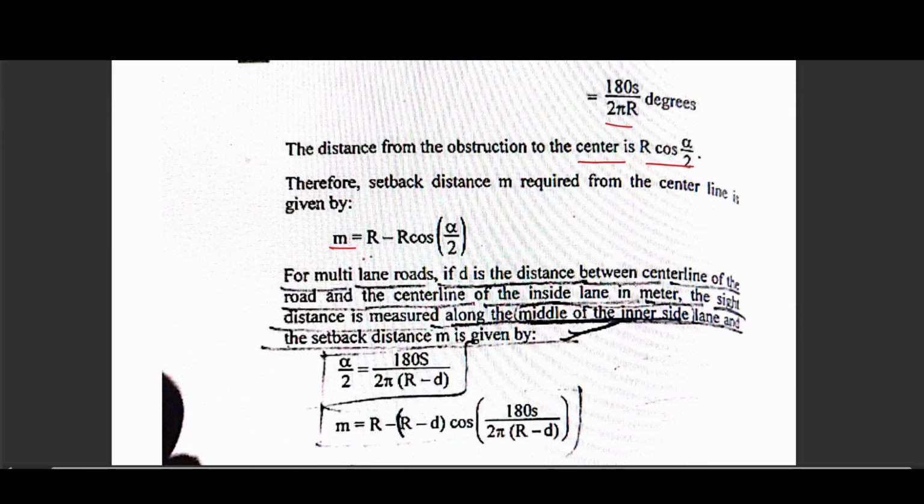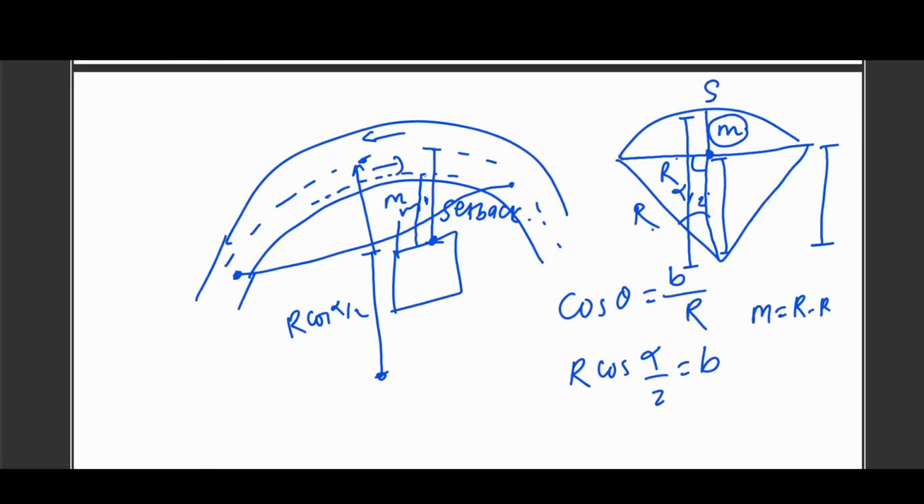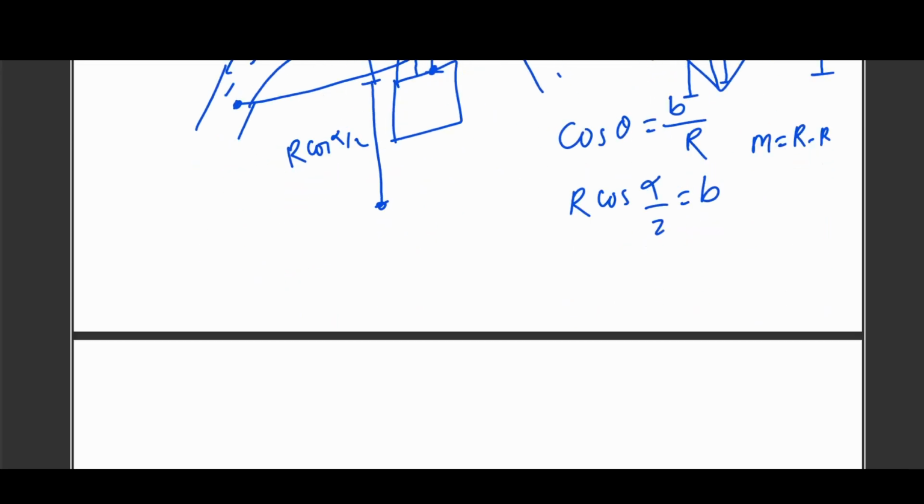For a multi-lane road, if d is the distance between the center line of the road and the center line of the inside lane in meters, the sight distance is measured along the middle of the inner lane. I just explained it earlier as well. I assume it to be a critical case, and let me explain a bit more clearly. This is my road, this is my obstruction.